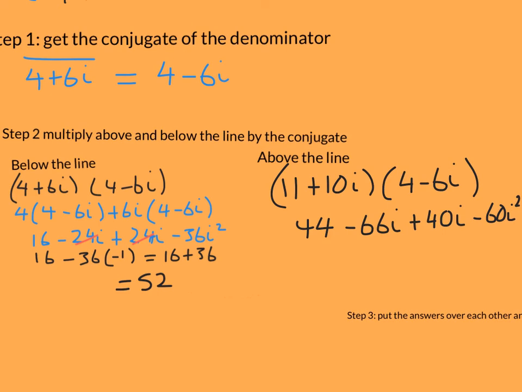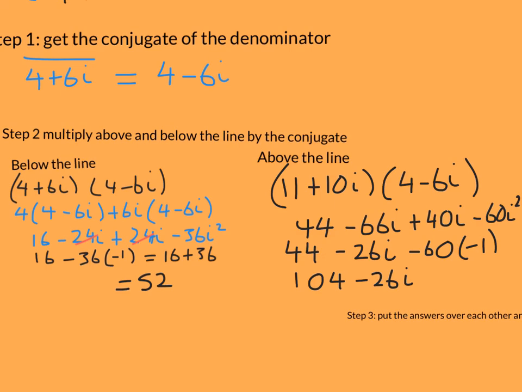So I have 44 minus 66i plus 40i, which is going to give me minus 26i. And then I have that minus 60, but instead of i squared, I'm going to put minus 1. I'm going to simplify that. I'm going to get 44 plus 60, which is going to give me 104 minus 26i.